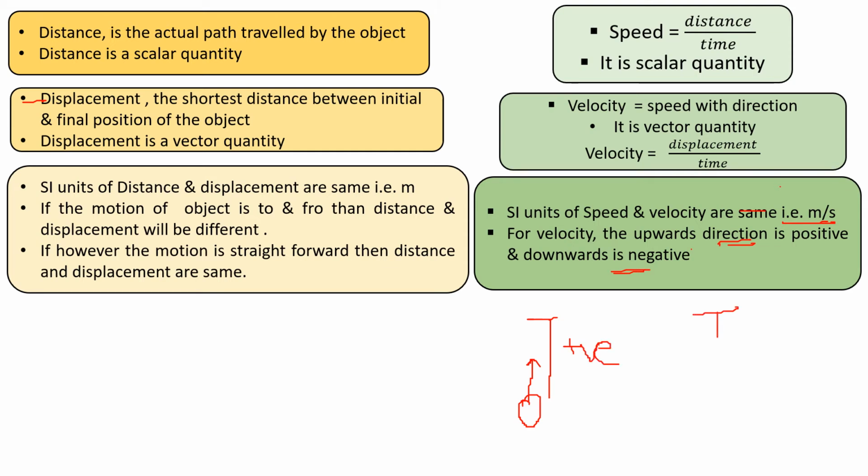Now a ball coming downwards, now its displacement with respect to original position is decreasing, so it is negative, and hence velocity will be a negative value when we are talking about downward direction. So for velocity, the upward direction is positive and downward direction is negative.